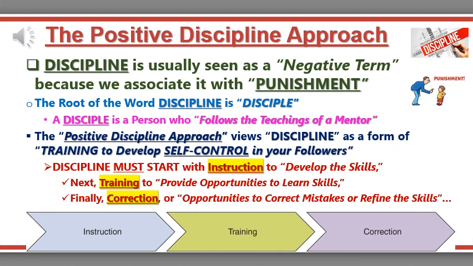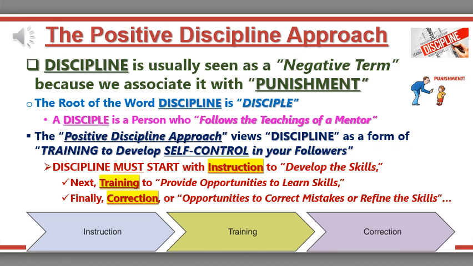So if we think of the positive discipline approach, we're more thinking of how somebody would positively follow a mentor that is trying to teach them something. So the positive discipline approach views discipline as a form of training somebody to develop skills like self-control in your followers.